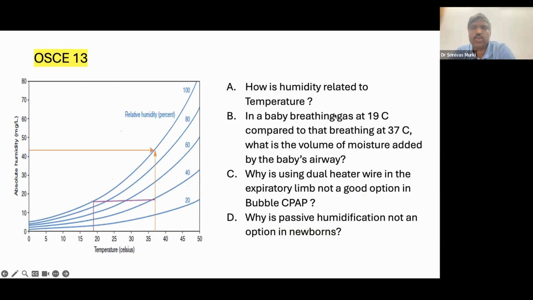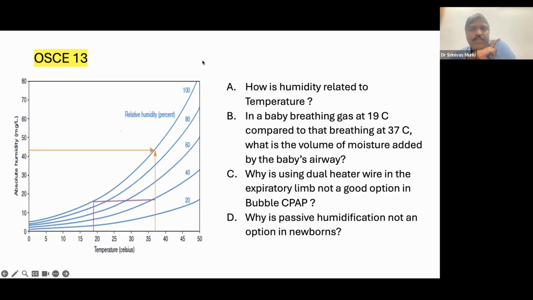So this is the thing which you should tell. So I think nobody got it correct. So this concept is very important for all of you, that as the temperature increases, the relative humidity will fall, or you can say that the ability to hold moisture will increase. So we always measure it as relative humidity.